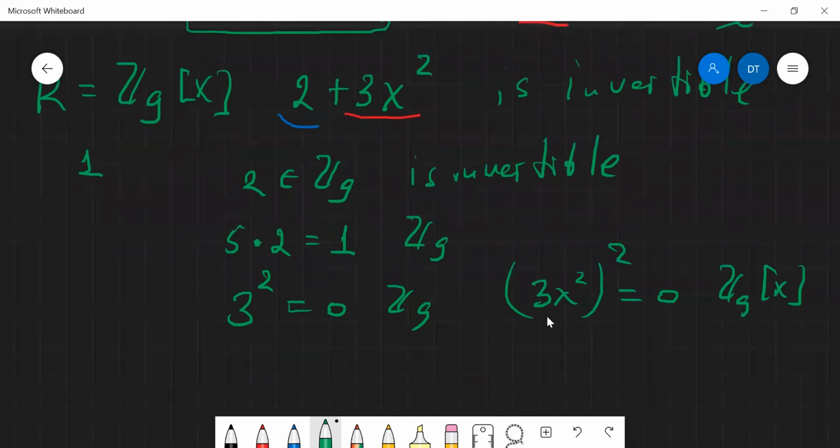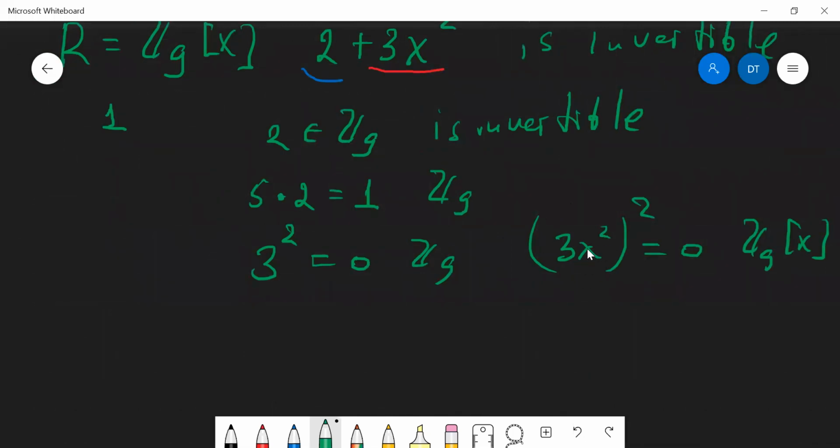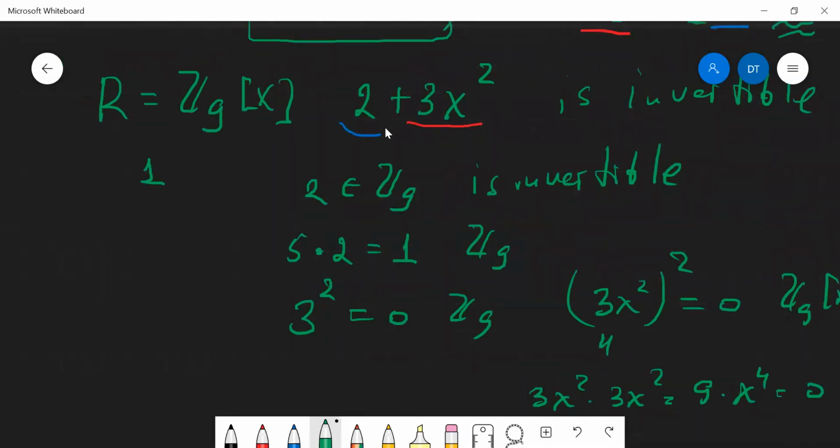Because how do you raise to the power? Well, you just multiply the coefficients and you add powers. This is 3x squared times 3x squared, and the result is 9 times x to the 4th, which is 0. You see? So this is a sum of an invertible element with a nilpotent element. So it's invertible.